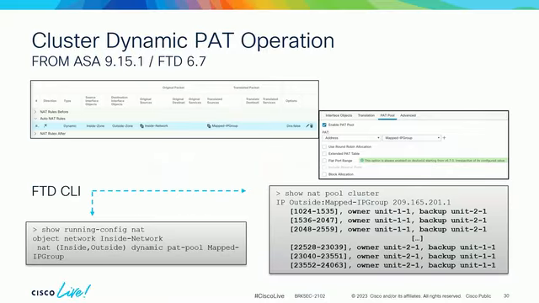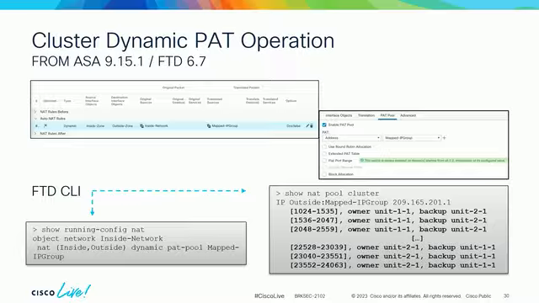The configuration is going to be the same as we have discussed, but the difference is that now we don't need to enable the flat port range option, because that is the default behavior starting with firewall 6.7. So even though we don't see the flat keyword in the NAT statement, that is the default behavior.